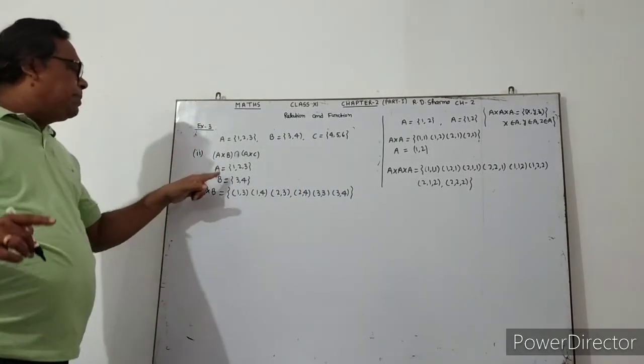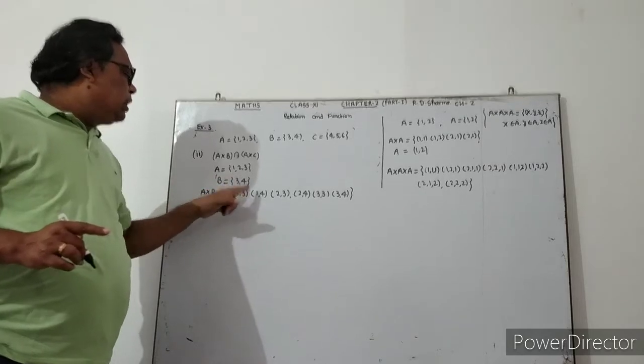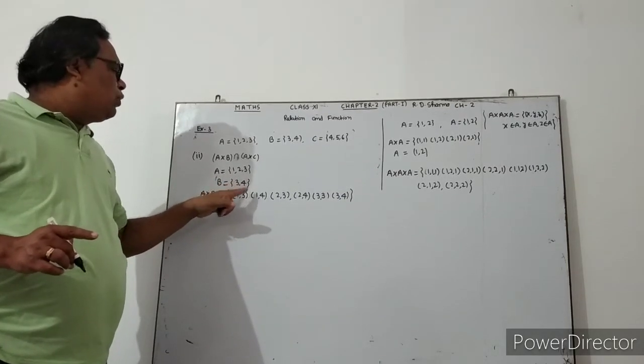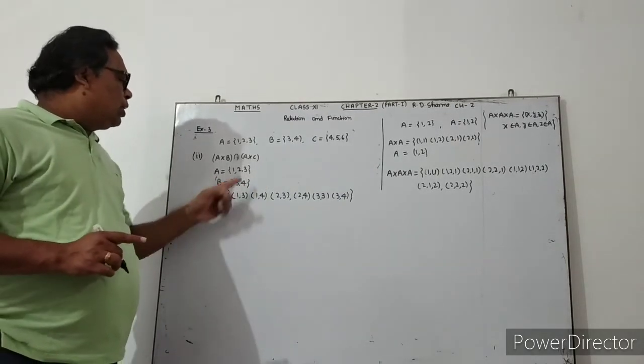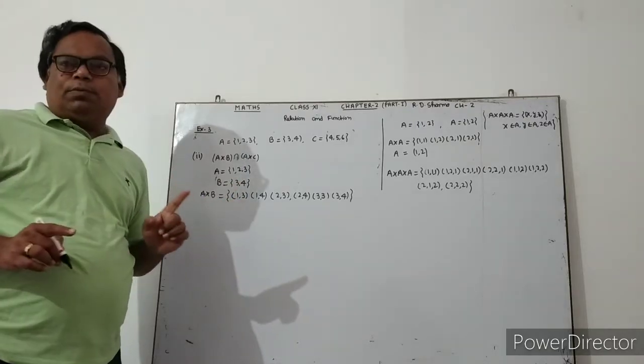A cross B you found has 6 elements: 1, 3, 1, 4, 2, 3, 2, 4, 3, 3, 3, 4.